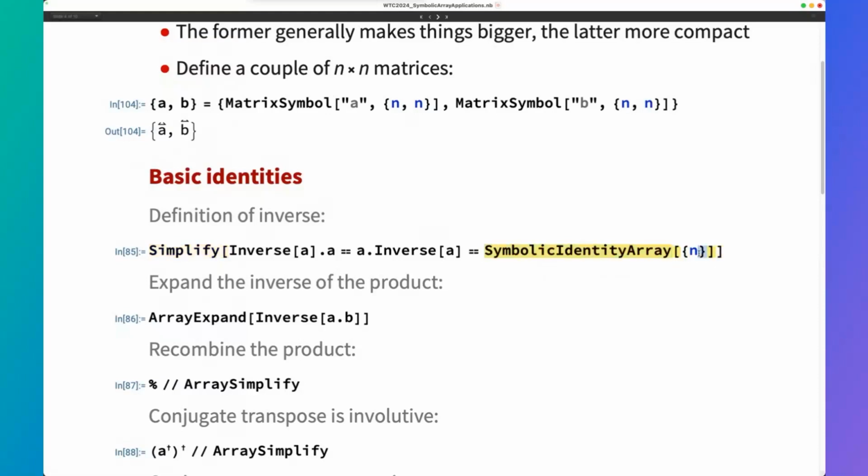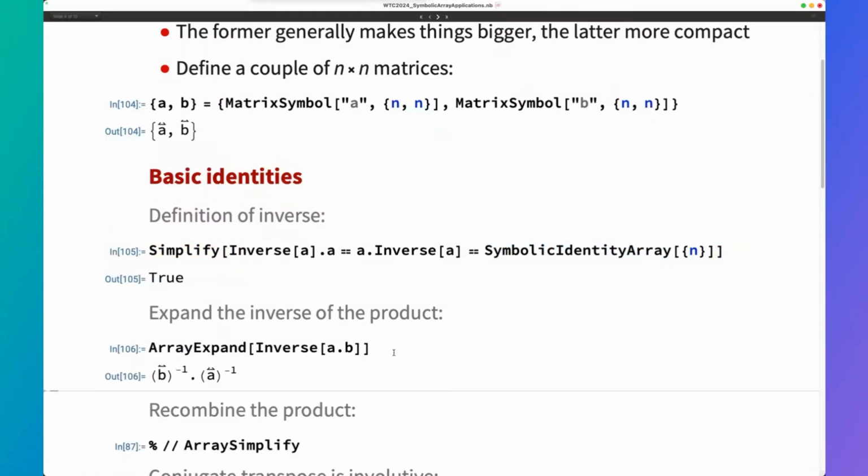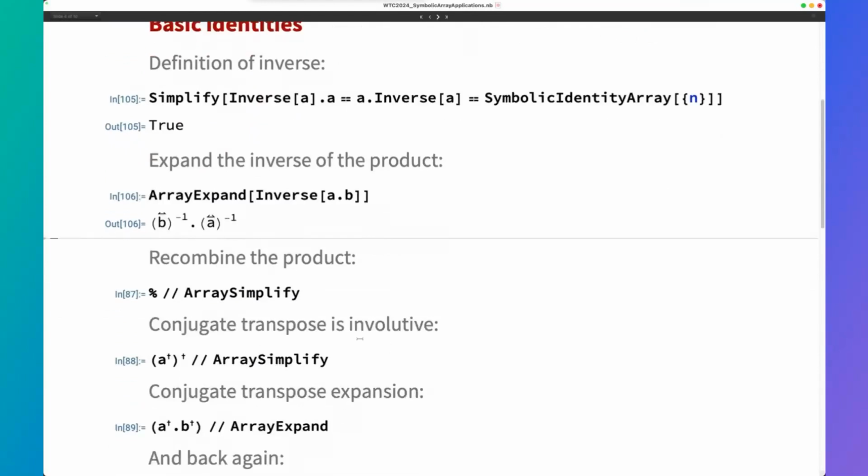If you give it just one dimension, it'll be the identity matrix, and voila, you get True, as you should. Now you can ArrayExpand the inverse of a product, and that gives you a product of the inverses in the opposite order. And you can then recombine those using ArraySimplify.